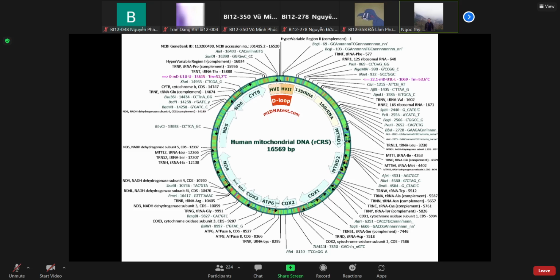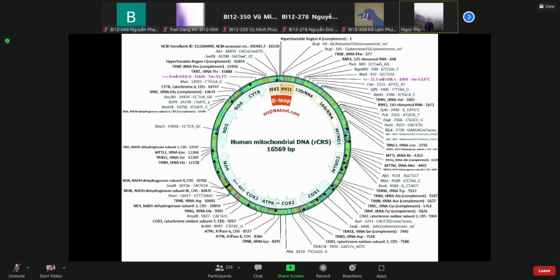The human mitochondrial genome has several advantages as a molecular marker compared to the nucleus genome. First, it is mostly maternally inherited. That means you inherit most of your mtDNA from your mother, and your mother inherited most of her mtDNA from her mother, and so on.